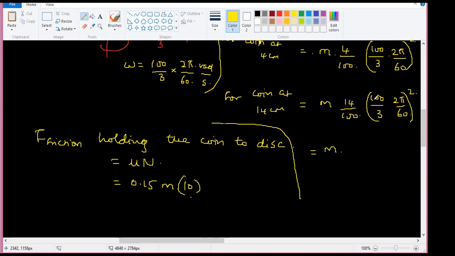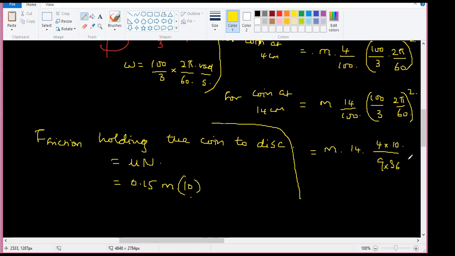One of the 100 will cancel, and the remaining 100 will be there. With 60 squared, two zeros will go away. What is left is 3 squared is 9, 2 squared is 4, 6 squared is 36. Pi squared will become 10. With 14, the 100 would go away, zeros will also go away. So this is what is remaining.